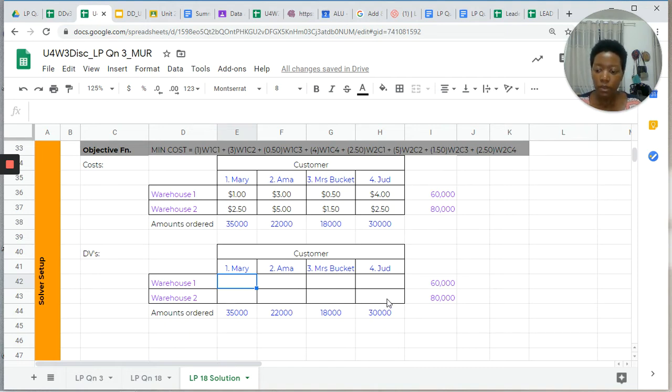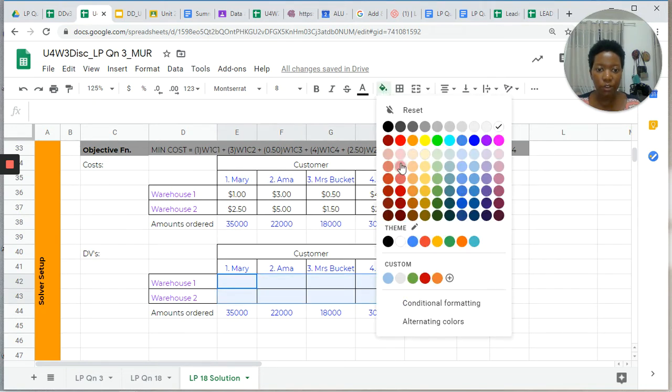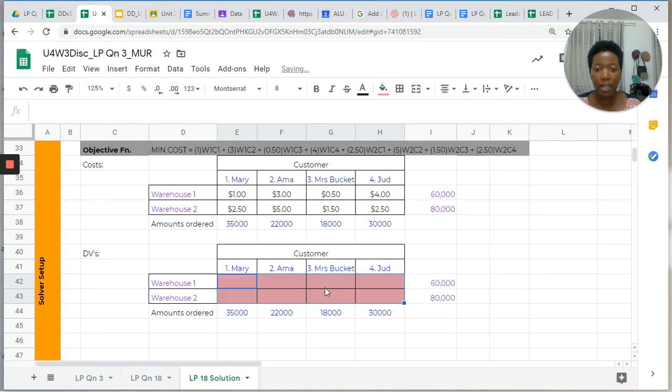So I'm going to highlight this in pink so that you're always aware of what is coming back from Solver is highlighted. Okay, so any highlighted cells in this section are what Solver is giving us back. Now, I'm going to put in dummy numbers here.